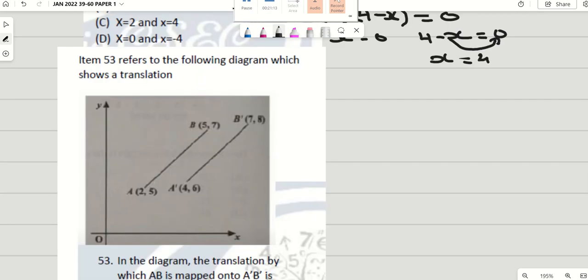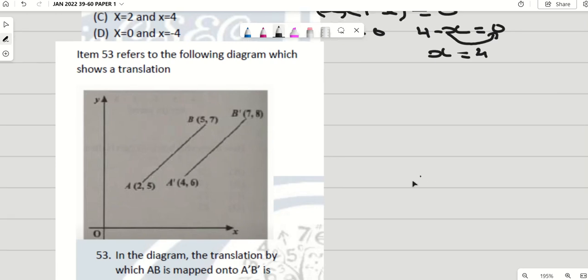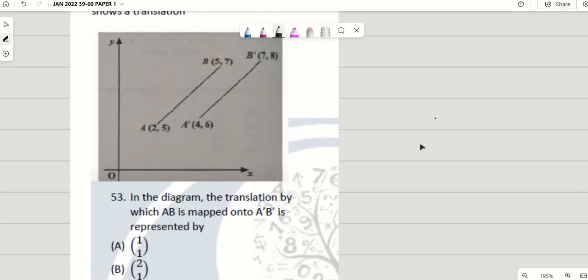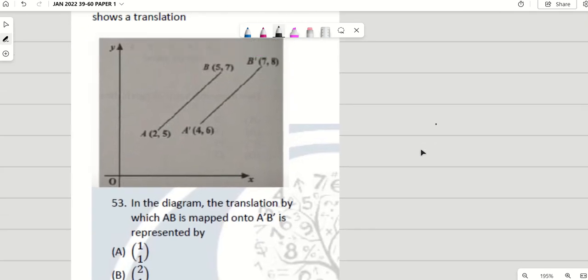So number 53. Item 53 refers to the following diagram which shows a translation. This is a translation. It goes from A to B and A prime to B prime. In the diagram, the translation by which A, B is mapped onto A1, B1 is represented by, let's see.